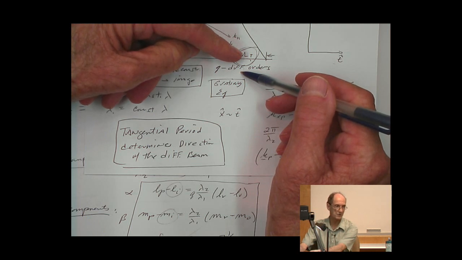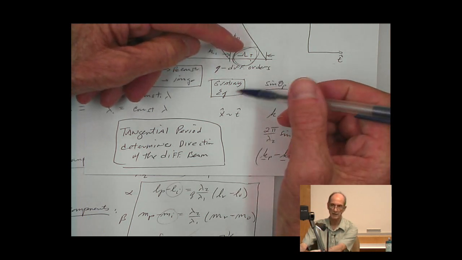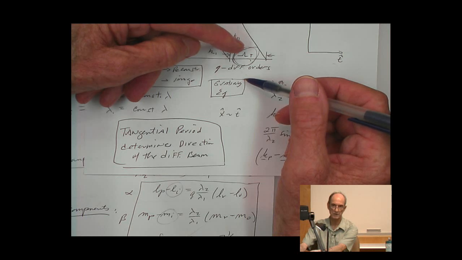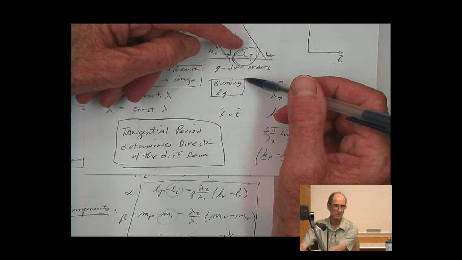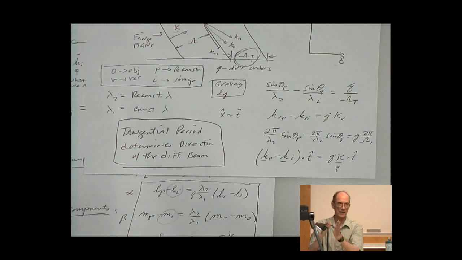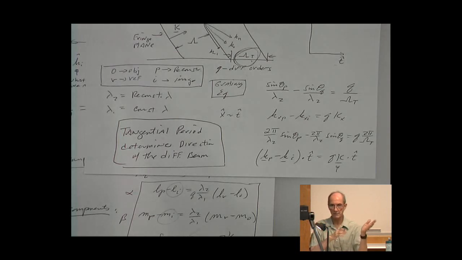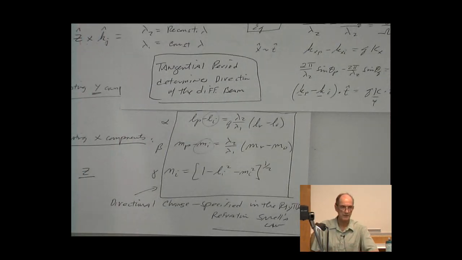Just like Snell's law is the same thing. Snell's law comes out of the electromagnetic boundary matching condition at 2 refractive surfaces, right? The kx component: you do that matching of n 2 pi over lambda in one material and n 2 pi over lambda in the other material, and you end up with Snell's law. This is the same thing, except it's based on the grating equation and the grating relation, the phase matching that we originally established where the grating equation came from.